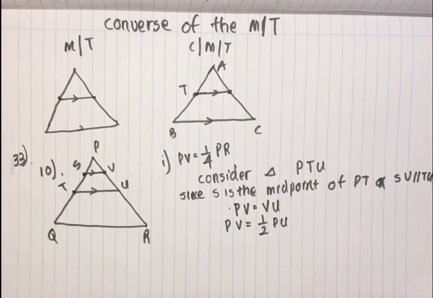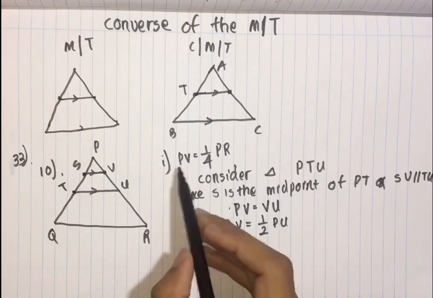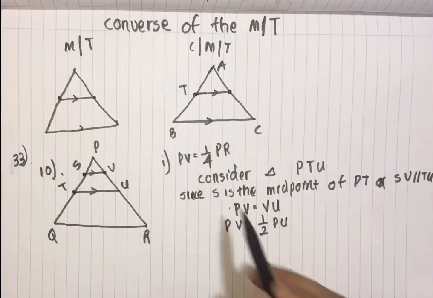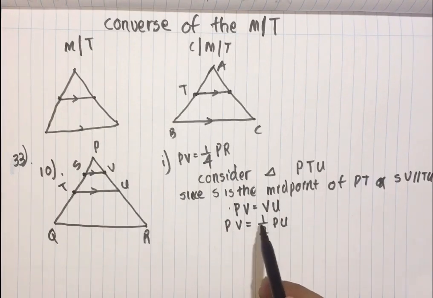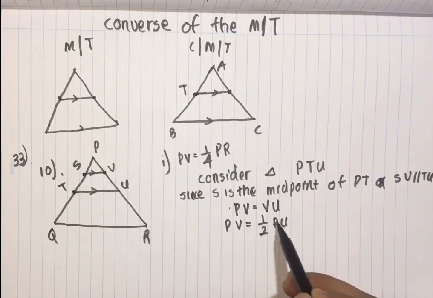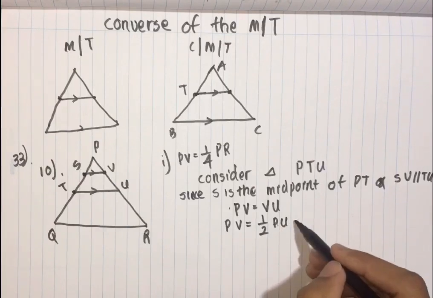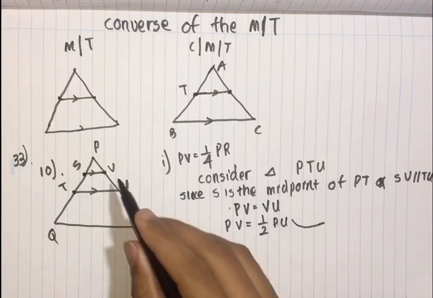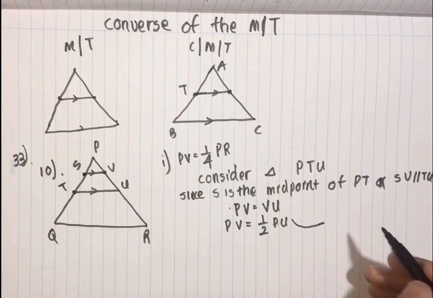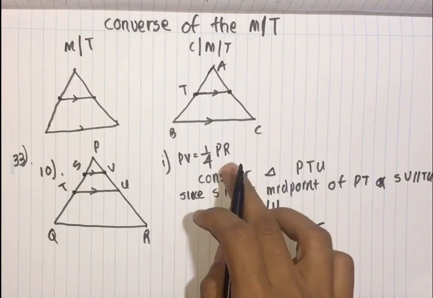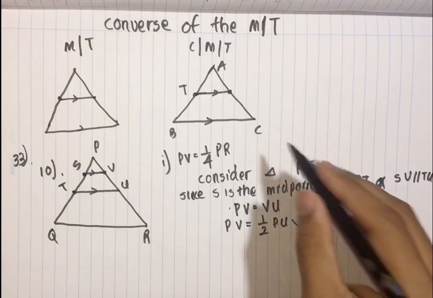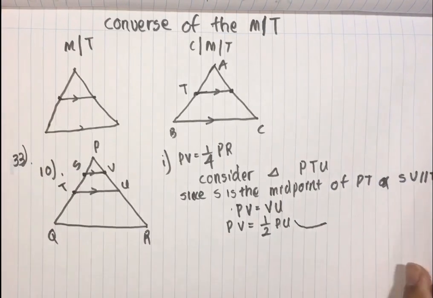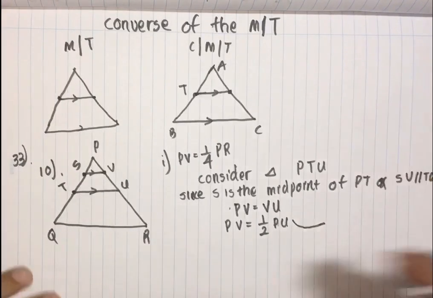Now you have to prove that PV is 1/4 of PR. Here PV is equal to 1/2 of PU. Now I'm going to build a relationship between PU and PR. So I'm going to consider triangle PQR.